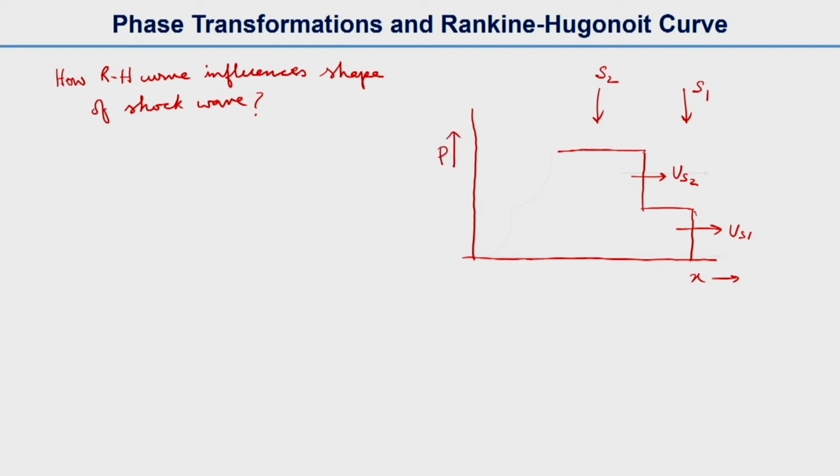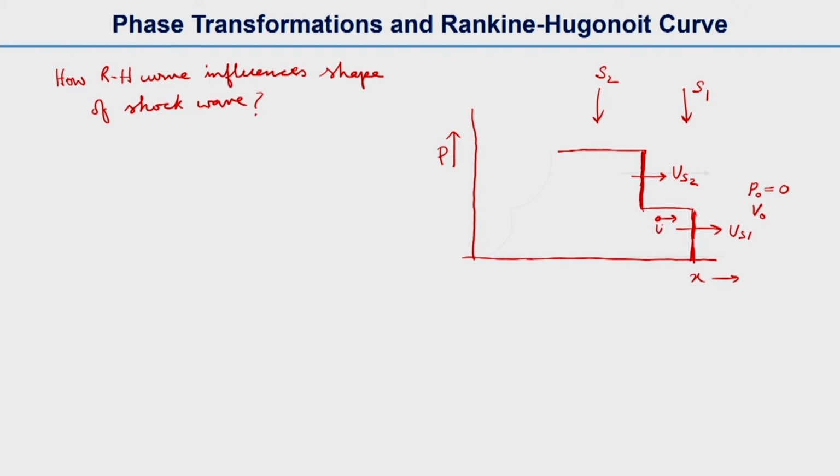These are the fronts, the first front, and there is another shock wave which is following the first one at a high pressure wave, that is us2. We know that the material ahead of this will have pressure 0 and volume V0, and then there will be a particle velocity associated with it.